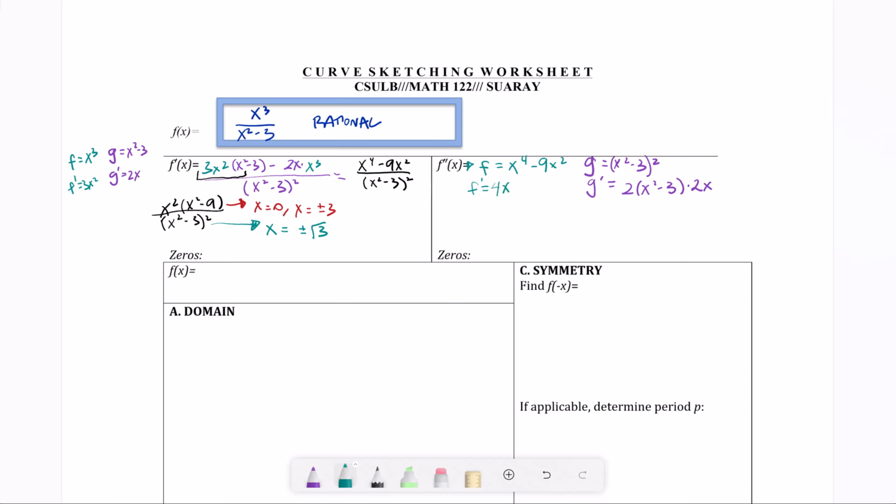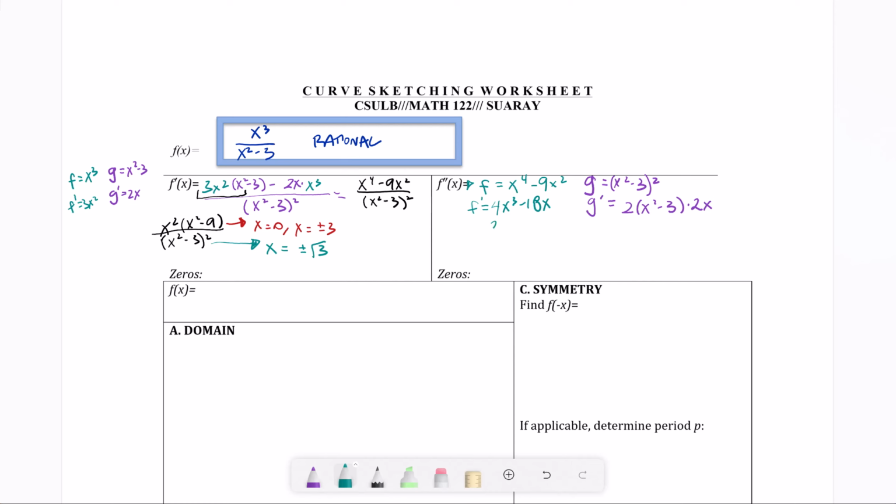So that's 4x cubed minus 18x. All right. And so I'm going to write this as 2x times 2x squared minus 9. Okay, and then write this as 4x times x squared minus 3.